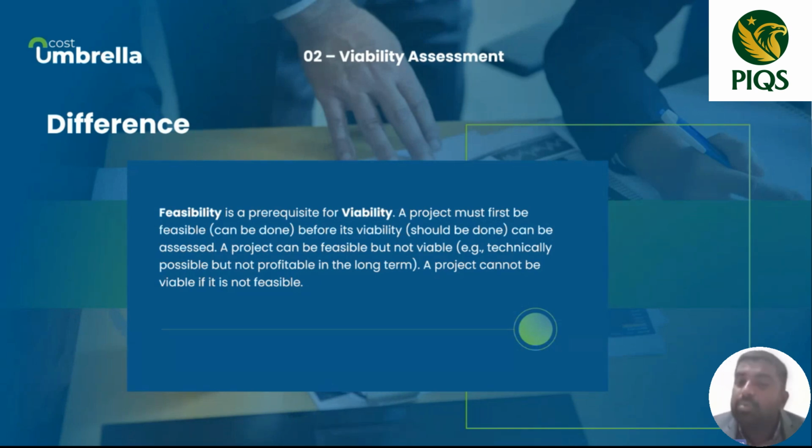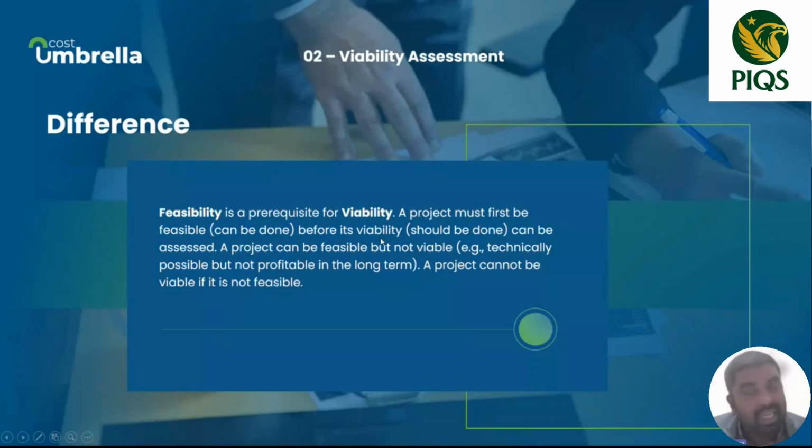That means you have to do both prior to starting a project, not only the feasibility studies, but the viability assessment as well. Your feasibility study may tell you that okay, you can go for it, but without a viability assessment, there's no assurance the money required will come to you or not.